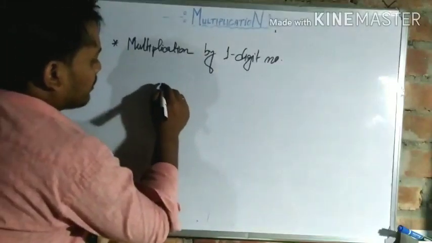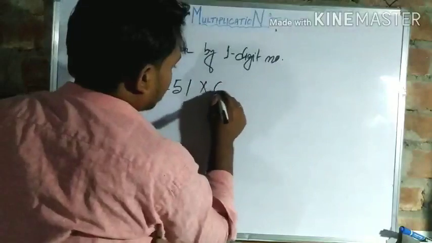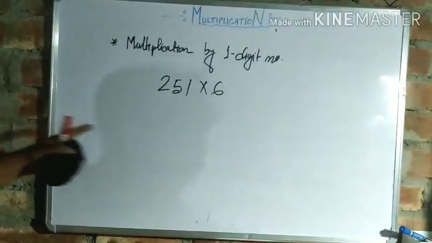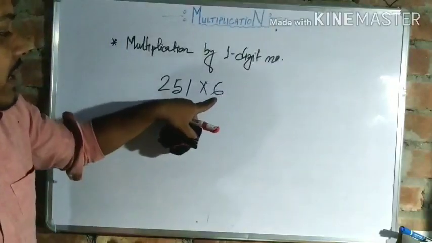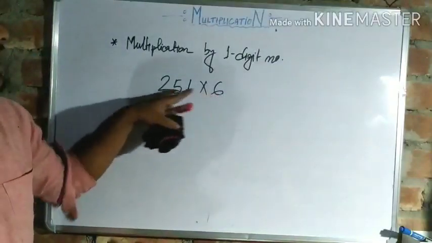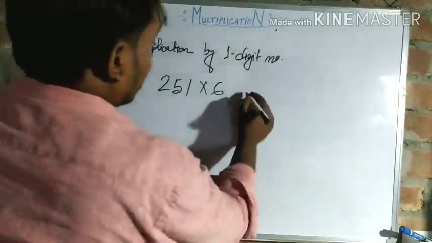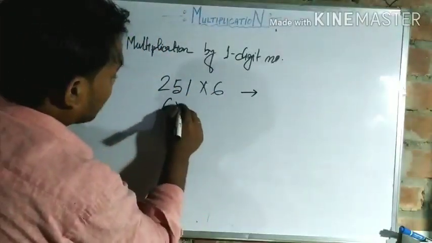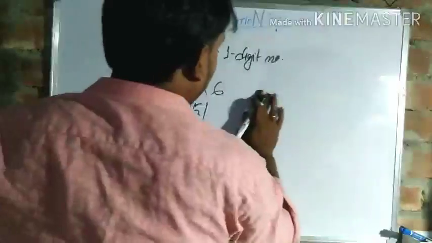For example, 251 into 6. Here the multiplier is a one digit number. If one of the numbers is a one digit number, then how to multiply? Or 6 into 251. Then how to multiply it?